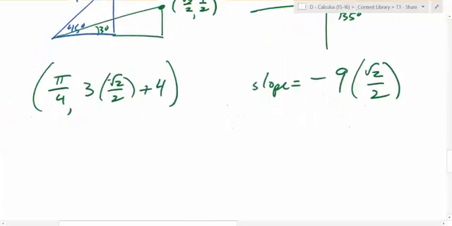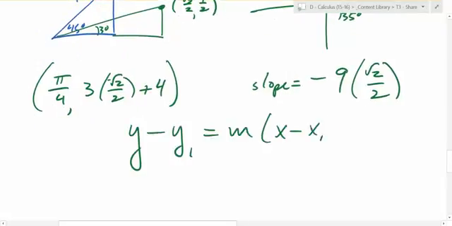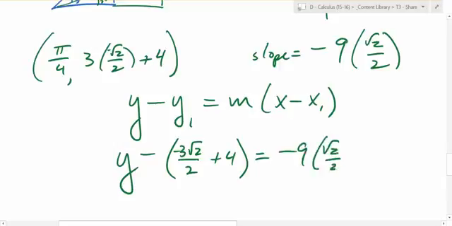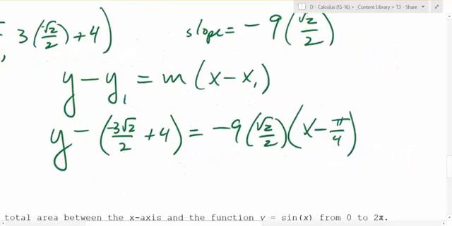So when you write this, you know it's y minus y1 is equal to m times x minus x1. So what is it? Y minus negative 3 root 2 over 2 plus 4 equals negative 9 times root 2 over 2 times x minus what? Pi over 4, yes. That would be your final answer right there.